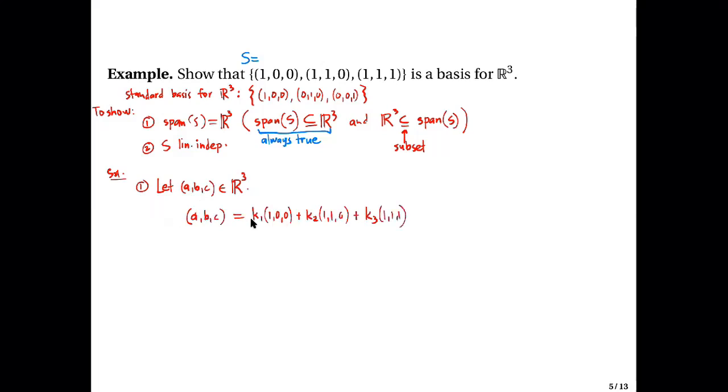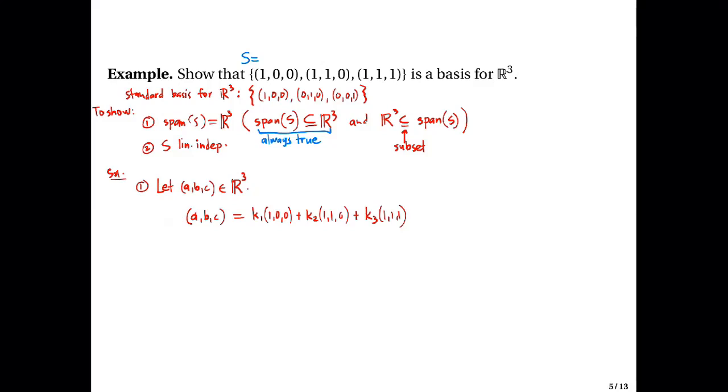We need to find the exact values of k1, k2, and k3 to obtain (a, b, c). Take note that your a, b, c here are actual numbers in R3. K1, k2, and k3, you need to find them. What are these k1, k2, and k3?